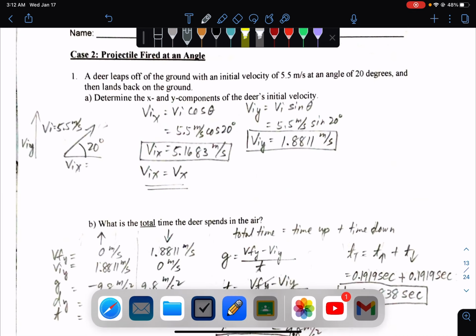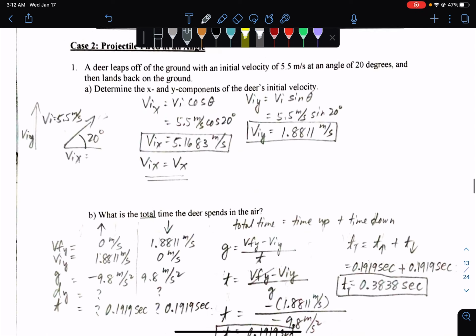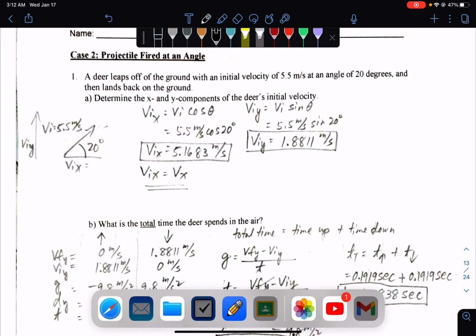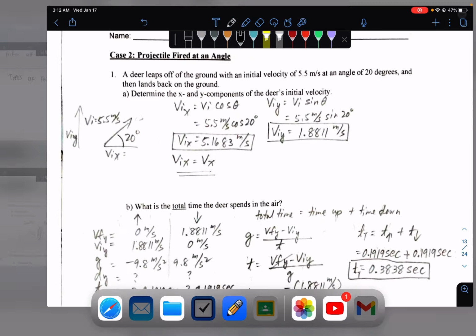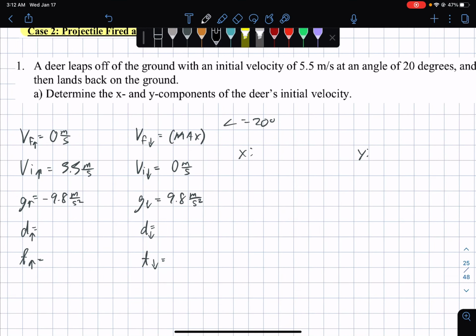Okay, so we do have to memorize two more formulas, Vix and Viy. Those are basically the x and y components. How do I write it?